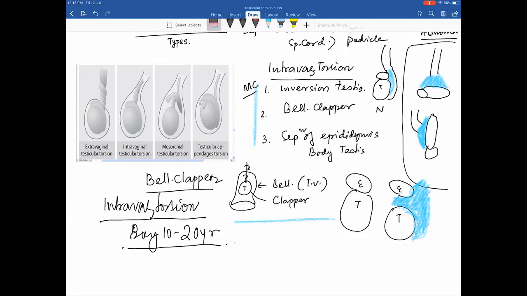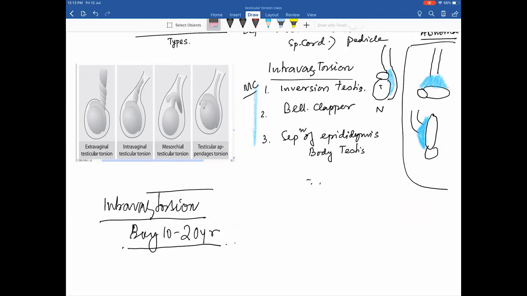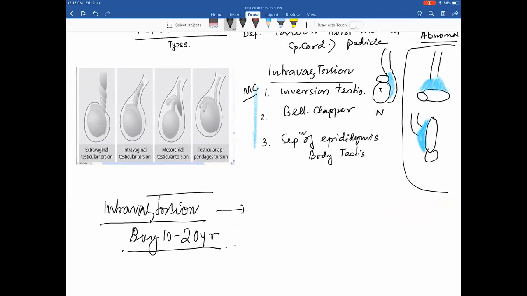Now, because of this problem, this bell clapper and all these things, young boys at this age are known to have a strong pull by a muscle called the cremaster in the inguinal canal. You know that the cremaster is a very strong muscle around the spermatic cord, which pulls the testis up, and the sudden contraction of the cremaster muscle will be enough to pull it.